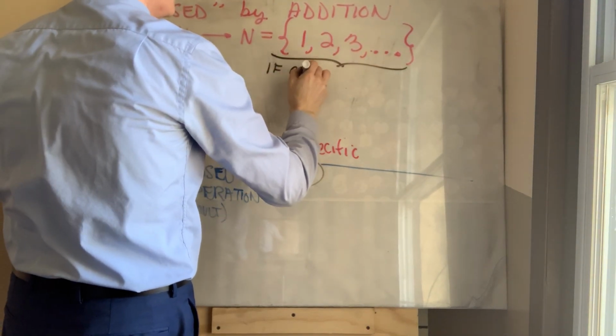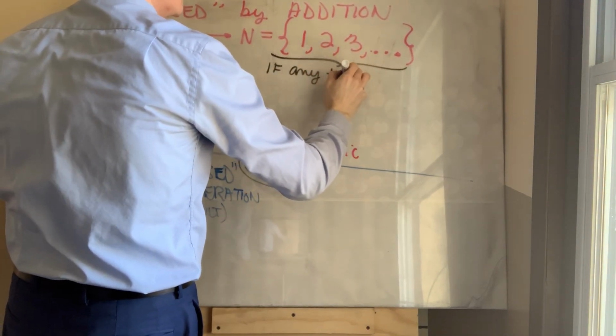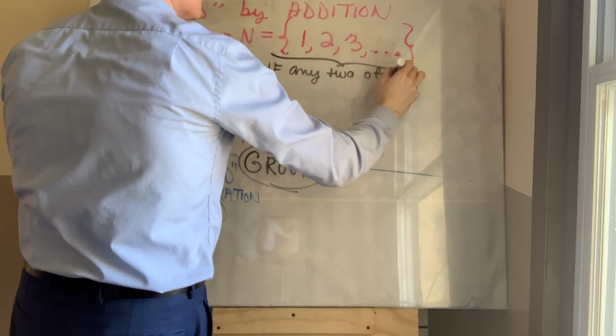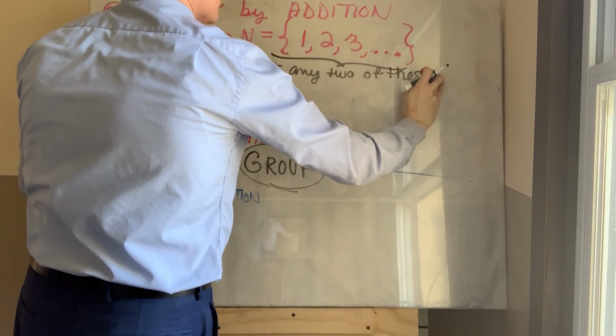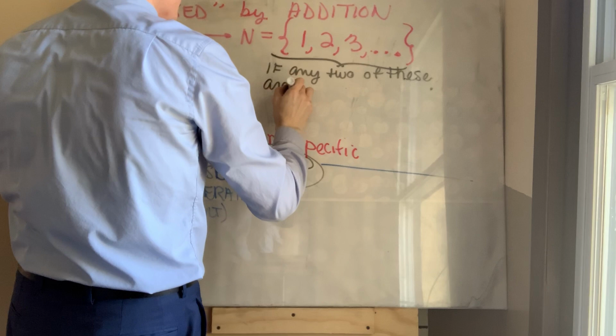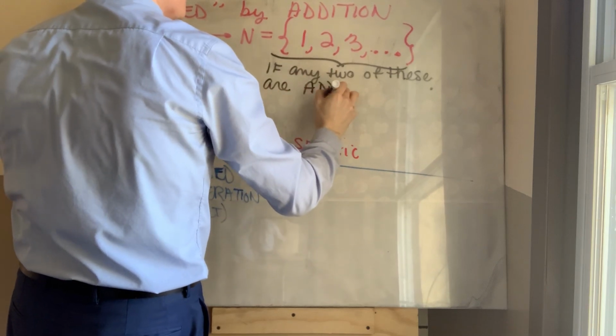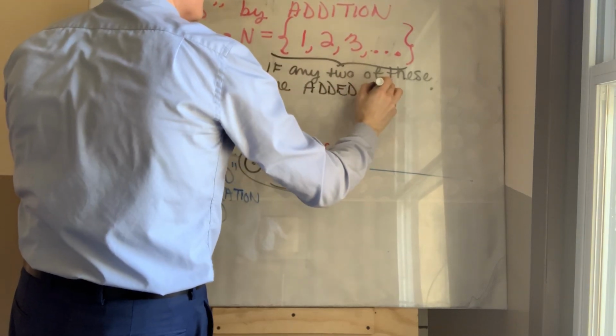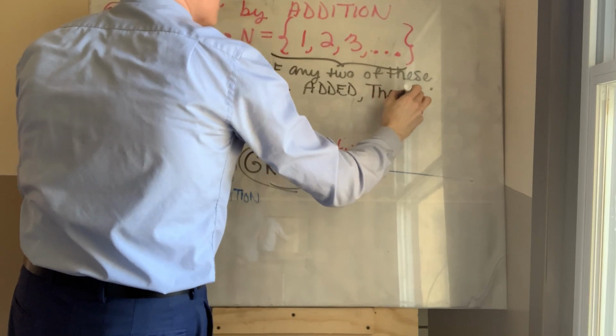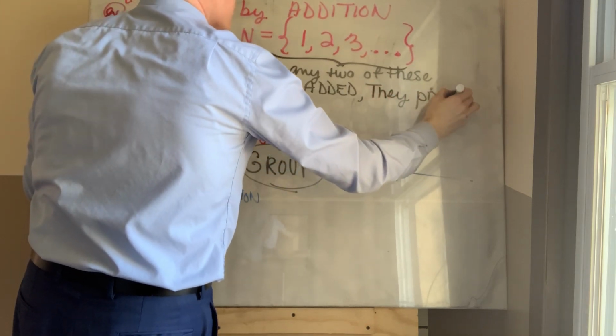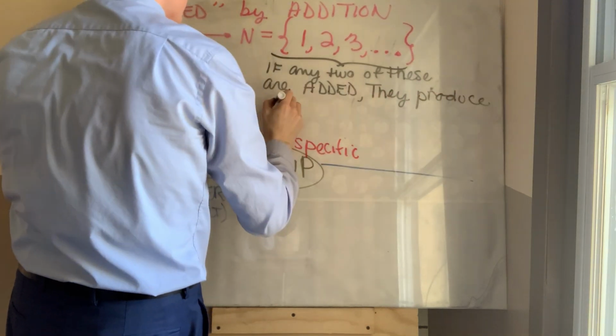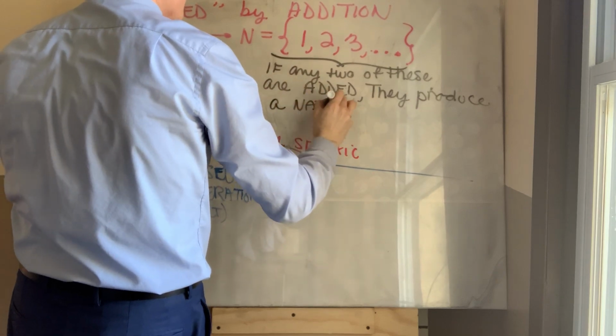If any two of these in the set are added, they produce a natural number.